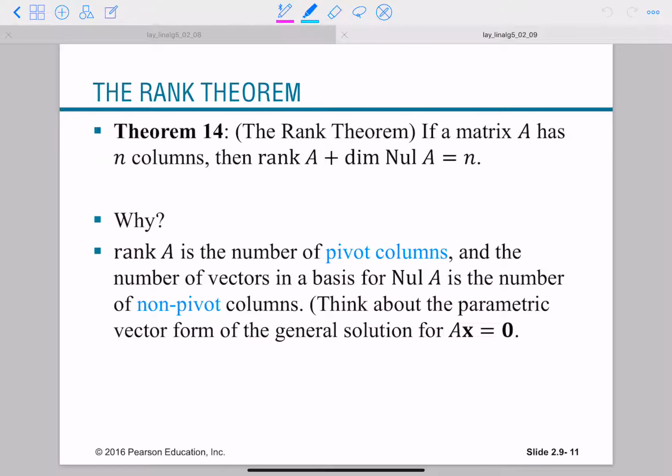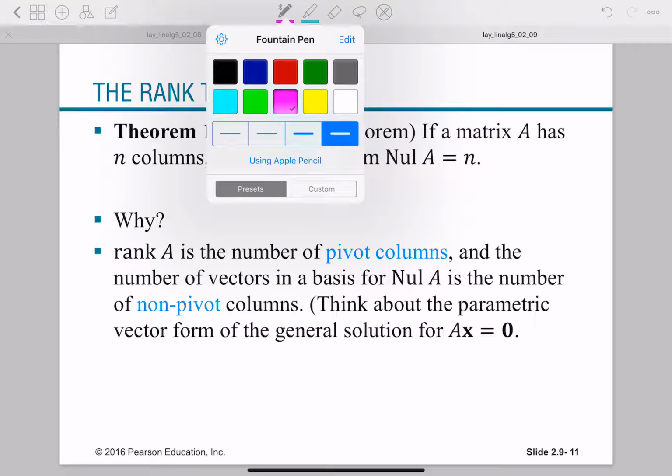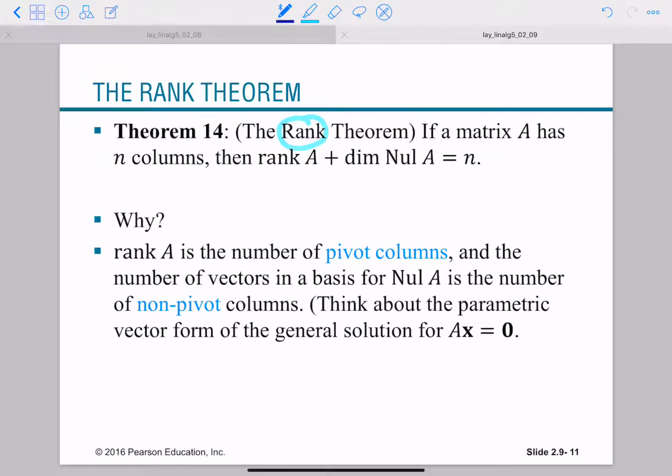We haven't studied the term rank, but the definition of the rank is the dimension of the column space. So that is called the matrix rank.